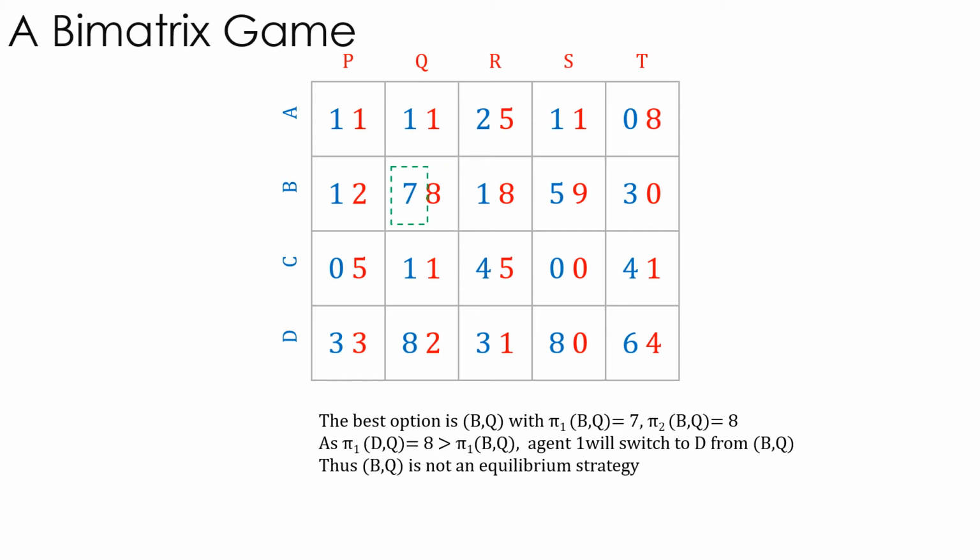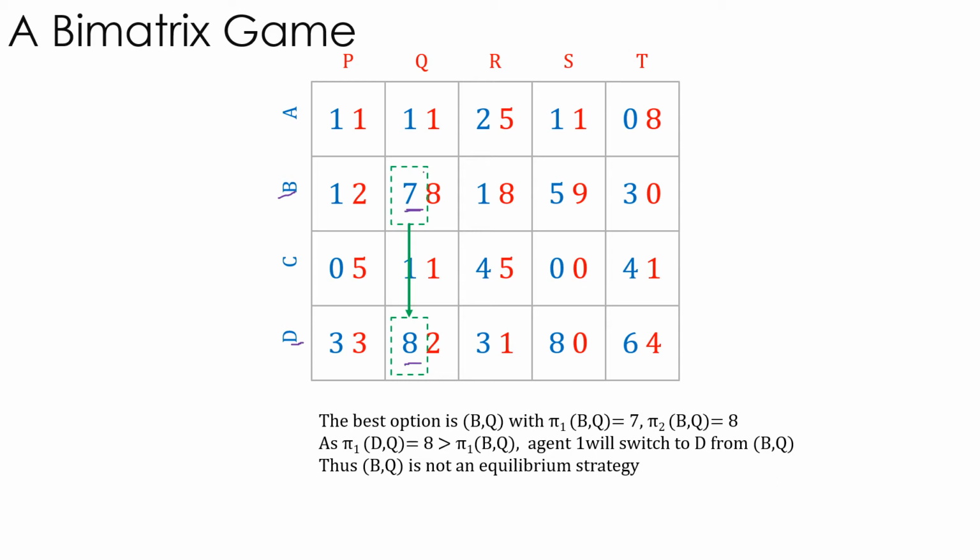Here's why. Now consider agent 1 whose action is B and the payoff is 7. If it unilaterally deviates from B to D, the payoff increases from 7 to 8.